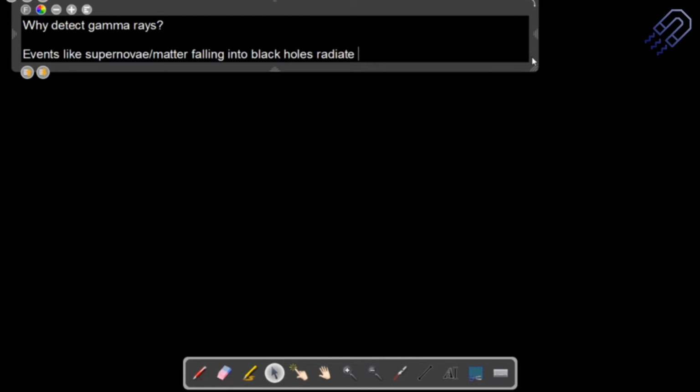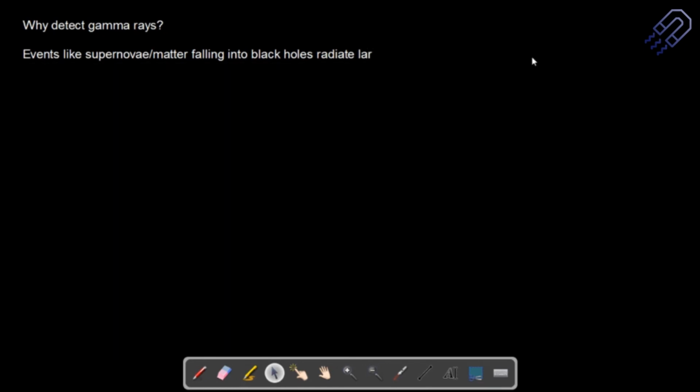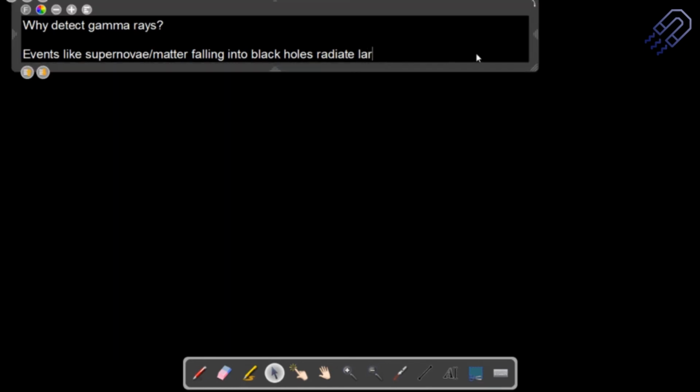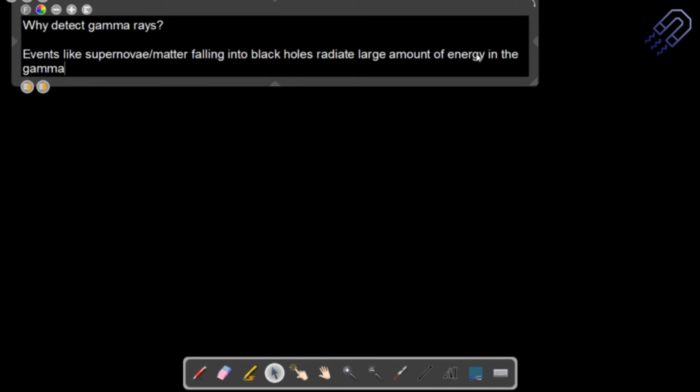If you look at a supernova explosion, or a meteorite that falls into the black hole, it is going to radiate a large amount of energy, and this also generates gamma rays. This amount of energy is actually in the gamma region.